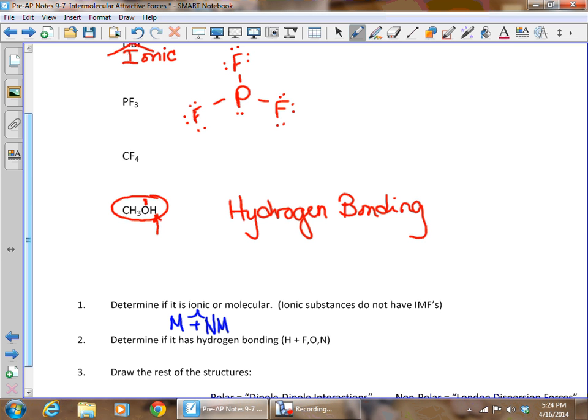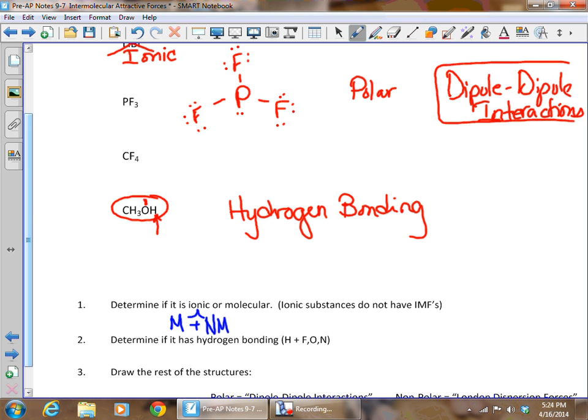As soon as we put that lone pair on phosphorus in that tetrahedral shape, we've got an unbalanced distribution of charge, and so this one is going to be polar. As soon as we say it's polar, we automatically know that this is the dipole-dipole interactions. Dipole-dipole interactions for our PF3. So that's going to be our answer for PF3.